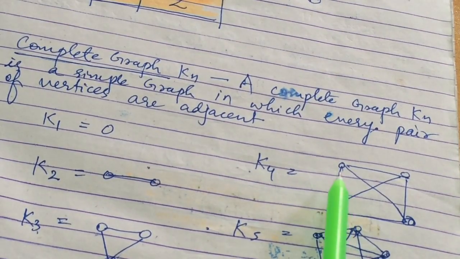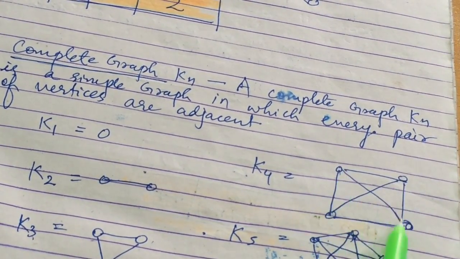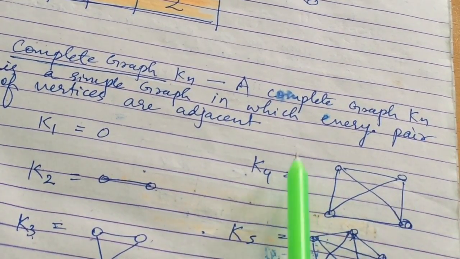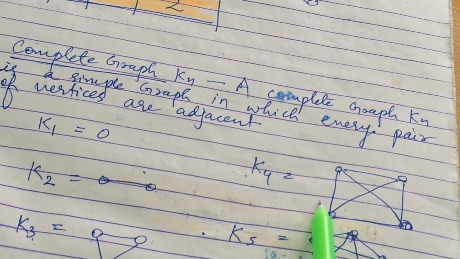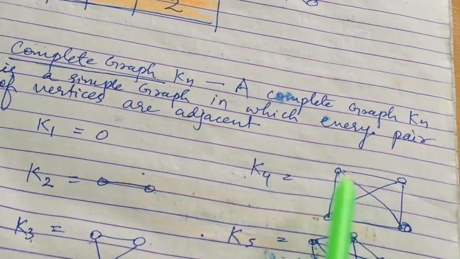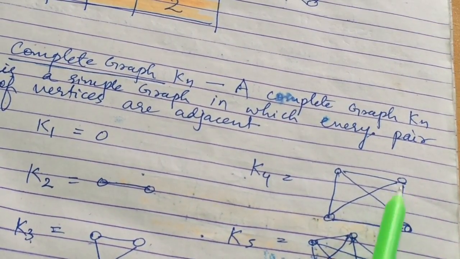You can see that you take this vertex and connect this with this, this with this, this with this. Every vertex is connected with all other vertices.